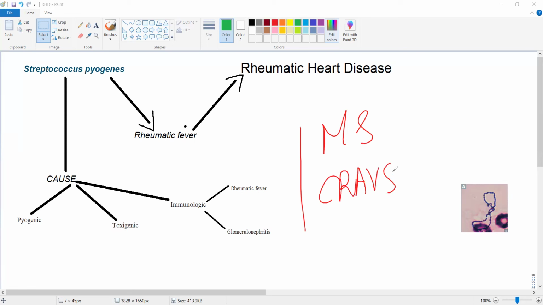Their pathophysiology is similar to rheumatic fever because they are also examples of type 2 hypersensitivity reactions. I'm going to discuss the details next month.